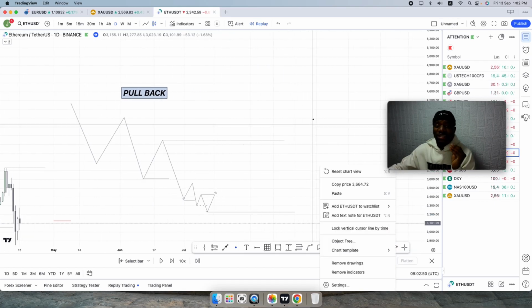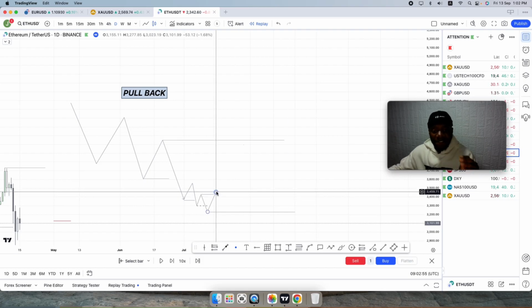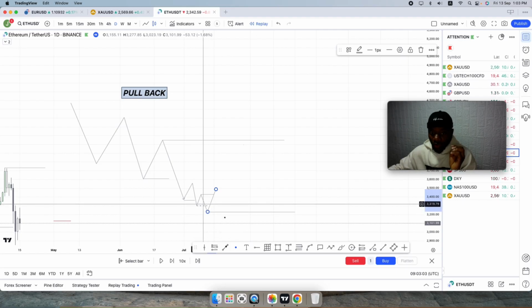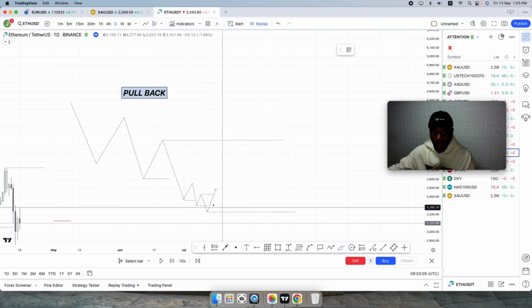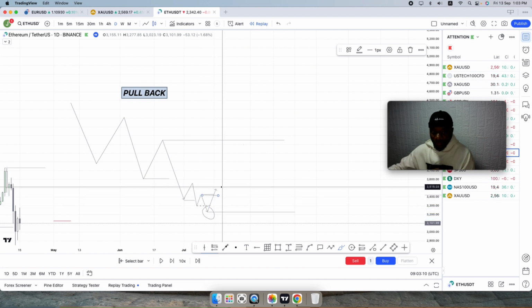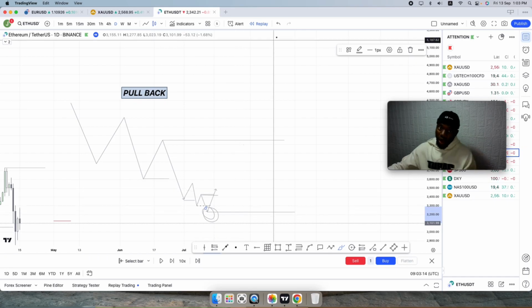One thing again to consider in this pullback before I forget: if the internal structure is not yet removed, you cannot have your swing lows. If this internal structure has not changed to bullish, then you cannot properly call this your swing low. Why?